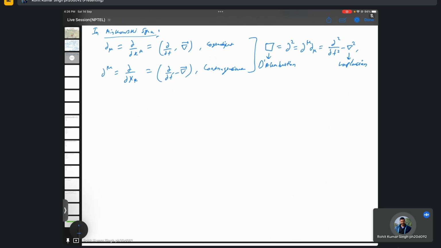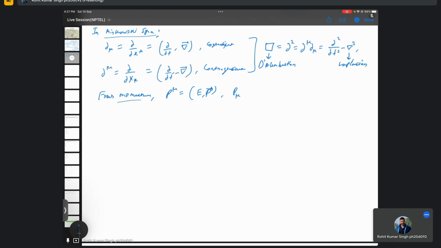Now similarly, we can also define it for momentum, p mu, which is defined as this. The first component is just the energy, and all other three components are the three momenta, px, py, and pz.